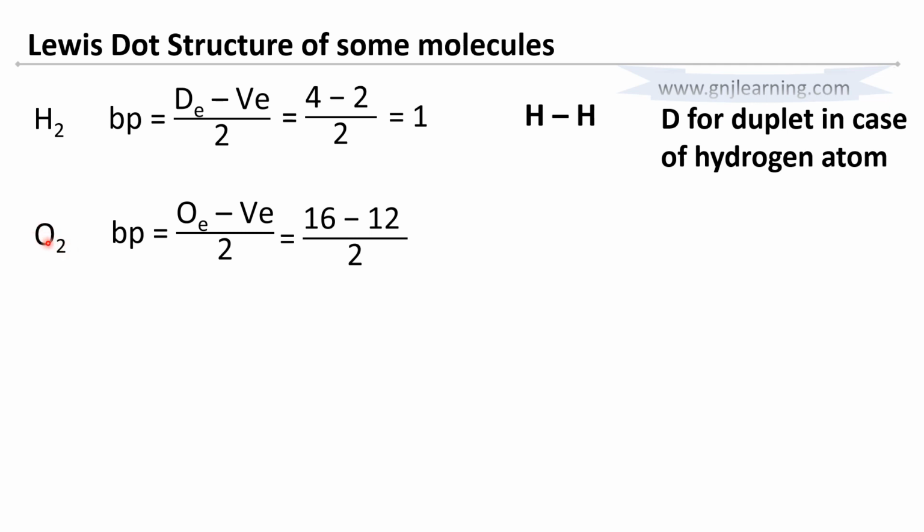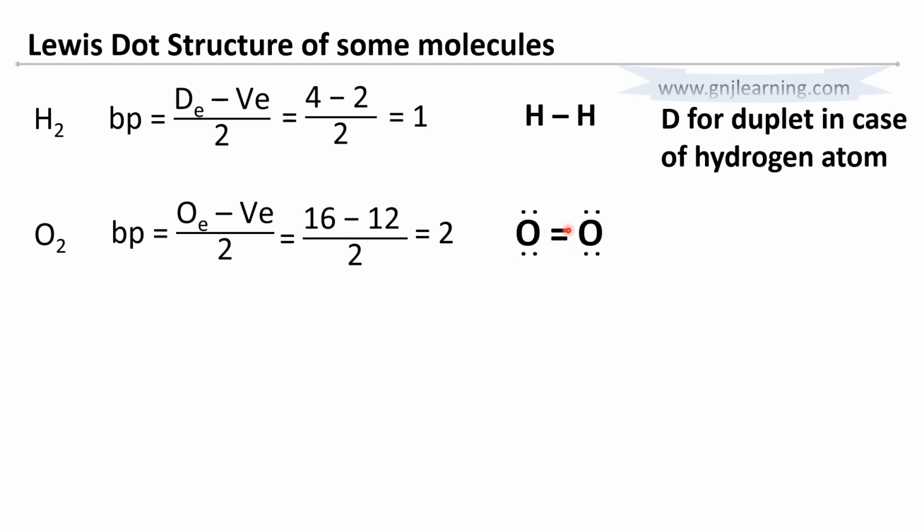So each oxygen atom has 6 electrons. We have 2 such atoms, so it is 2 into 6, that is 12. 16 minus 12 is 4, divided by 2. That means we have 2 bond pairs, so while drawing, I can have 2 bond pairs between the 2 atoms.